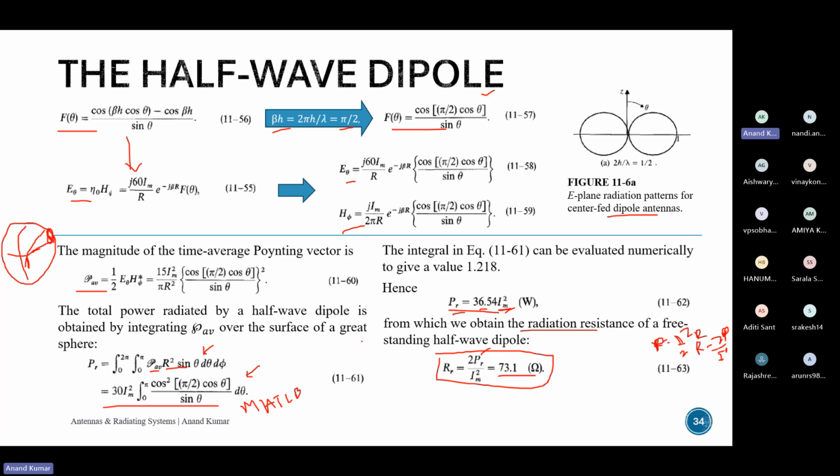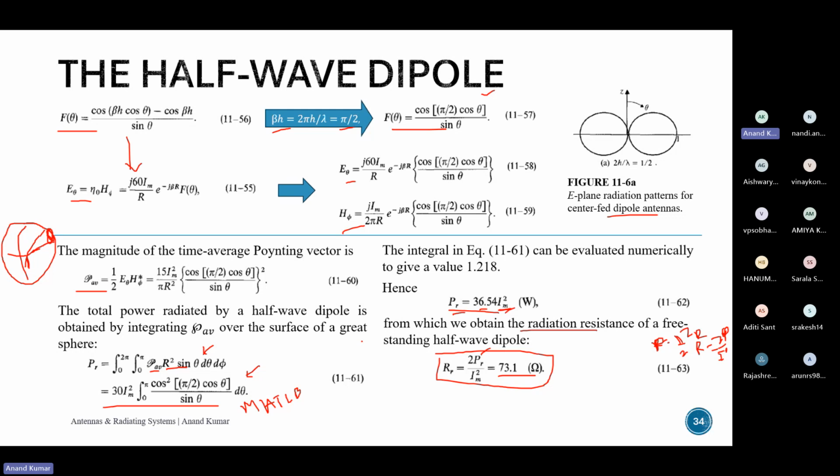Maybe I'll pause over here for you to go through the steps that we have done. We calculated the expression for electric field and magnetic field in the far field for a dipole antenna in the previous section, and then we also had the expression for the pattern function for the dipole antenna. For the special case of half wave dipole, we found beta h is equal to pi by 2.